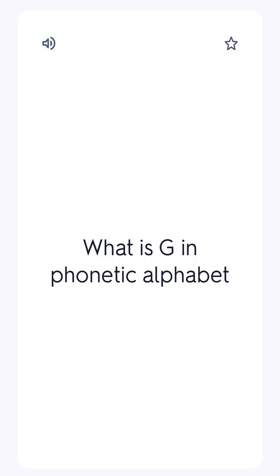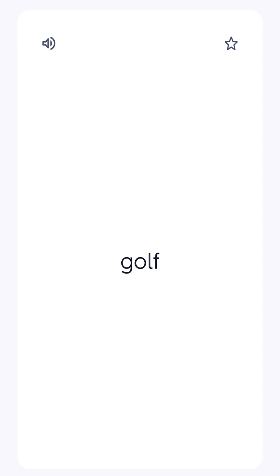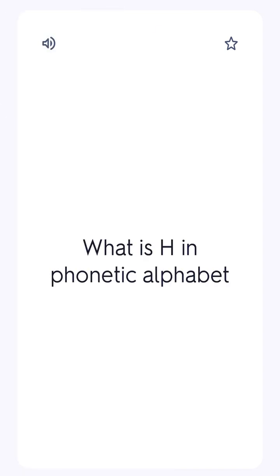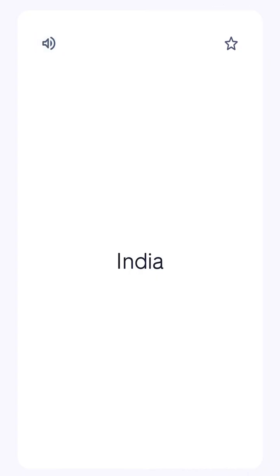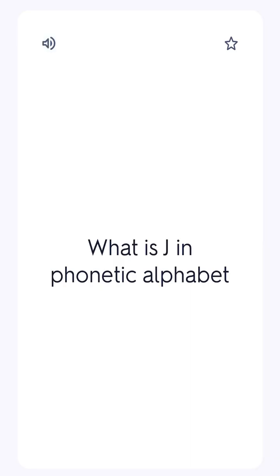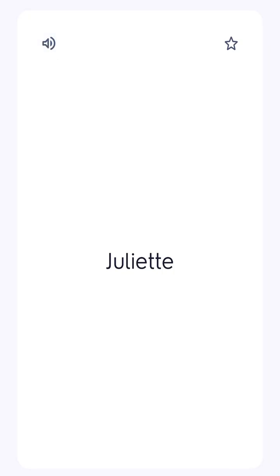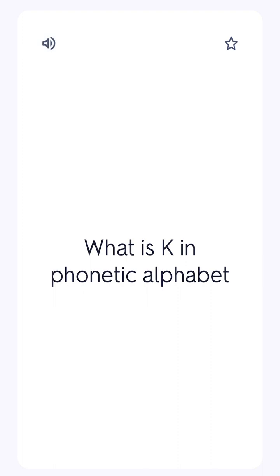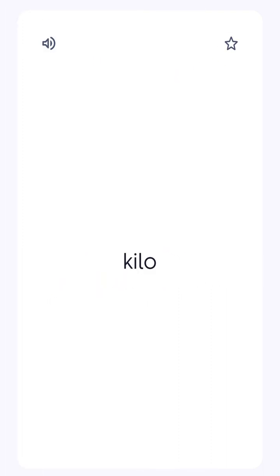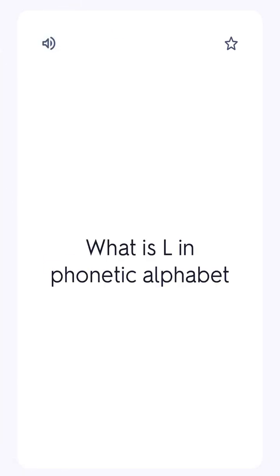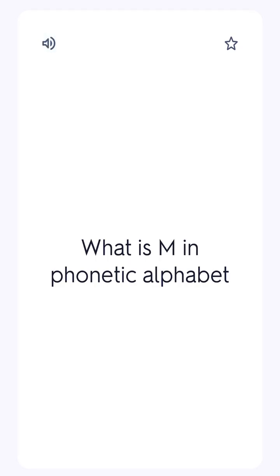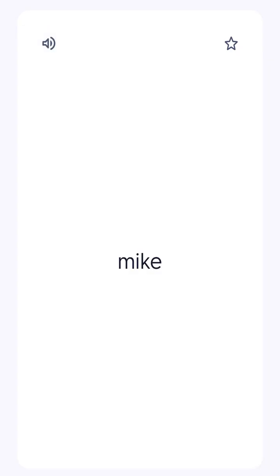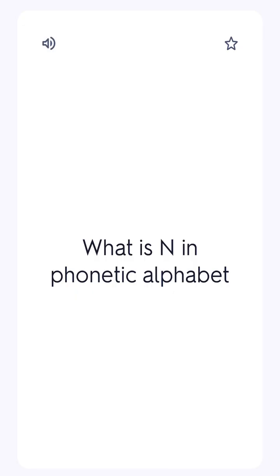G? Golf. H? Hotel. I? India. J? Juliet. K? Kilo. L? Lima. M? Mike. N? November.